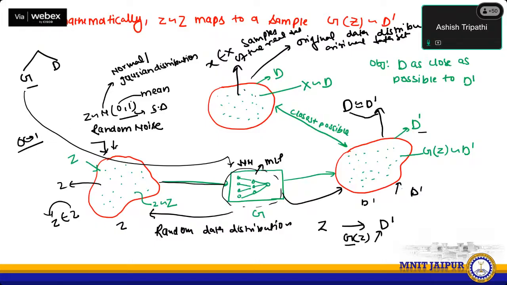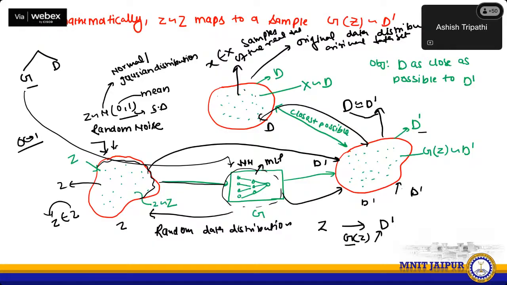It takes some normal or Gaussian probability distribution and converts it to D dash, and this D dash should be very, very close to D. This is the reason I intentionally drew the random distribution in an oval shape, whereas the other is a circular shape very close to D, the original data distribution.